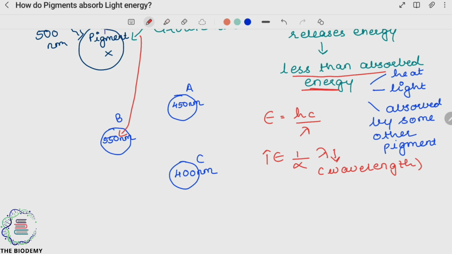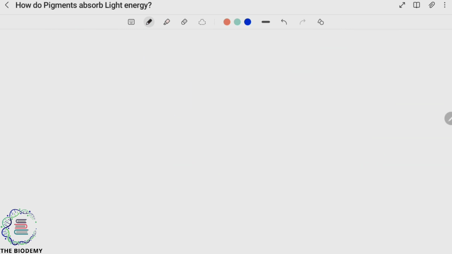Now where and how is it useful when we are talking about photosynthesis? So let's talk about how it is useful. This is useful during the light reaction of photosynthesis. Now let's see the arrangement of pigments on the membrane of thylakoid first.